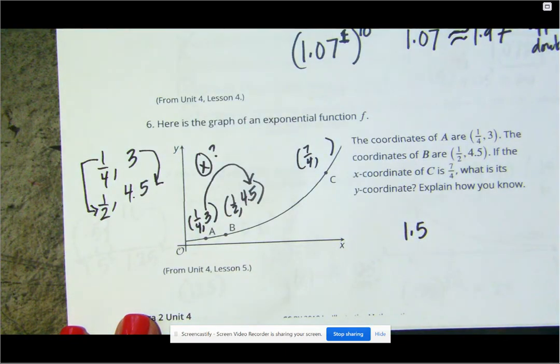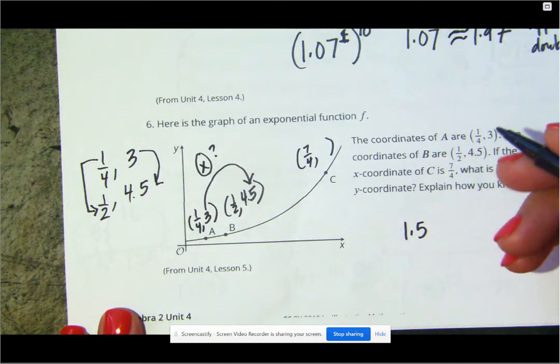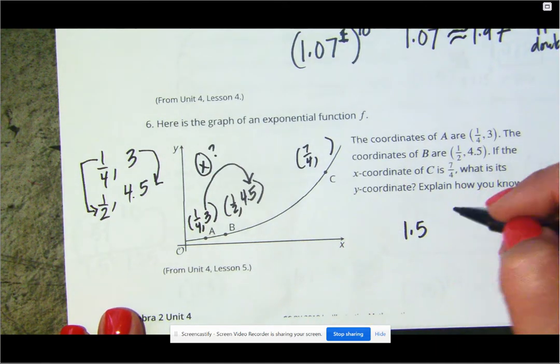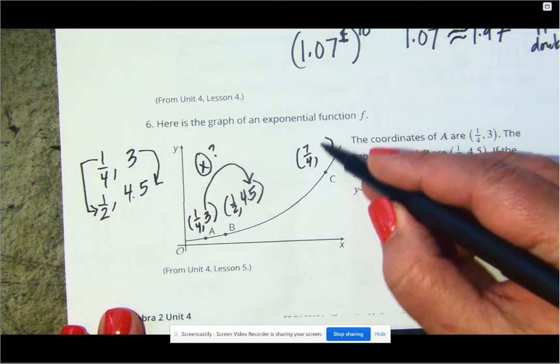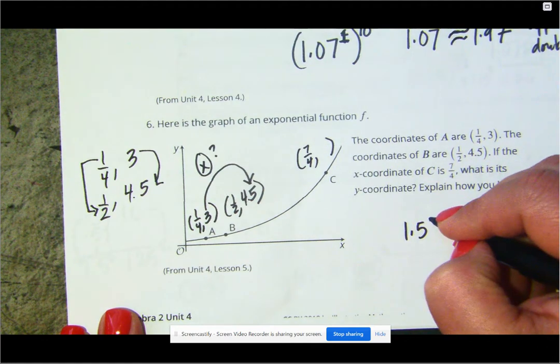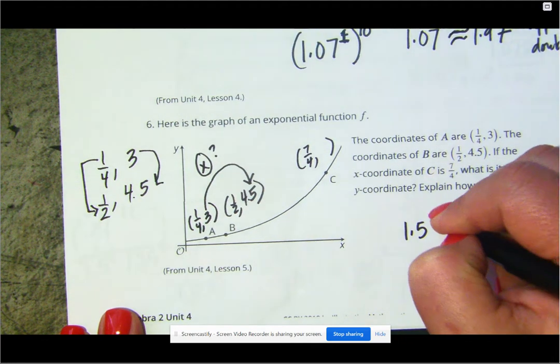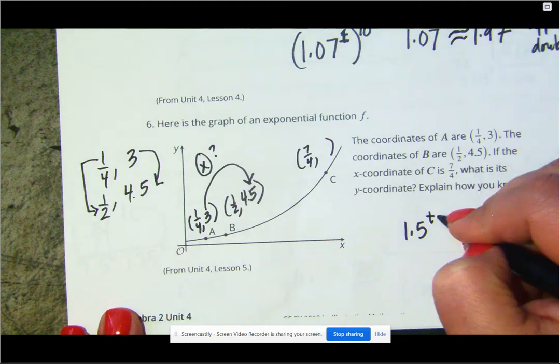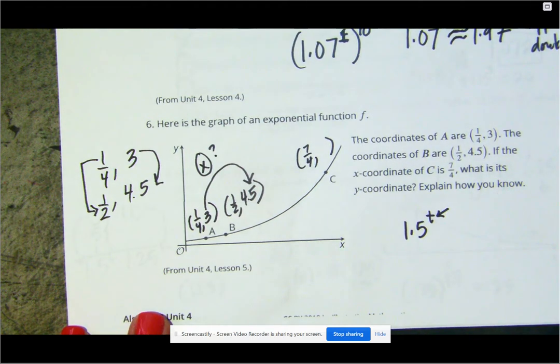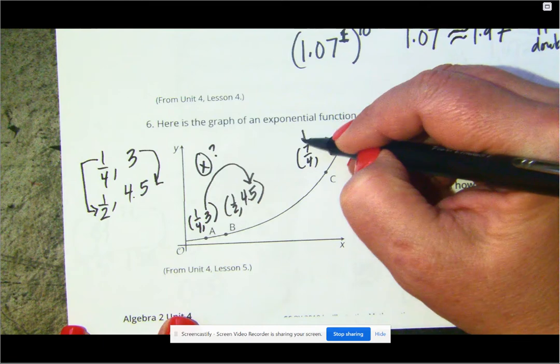Okay. So technically, I can make a rule out of this, since I'm trying to figure out this y coordinate. Let's just put a t in there. This stands for every quarter hour, it grows by 1.5. Well, I want to know how much it's going to be once it gets to 7/4.